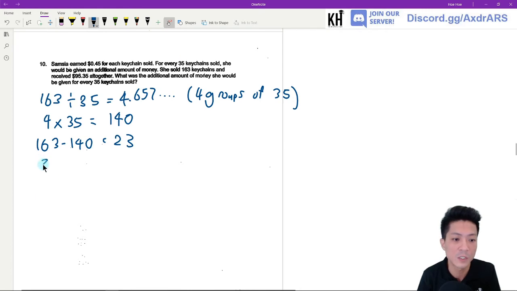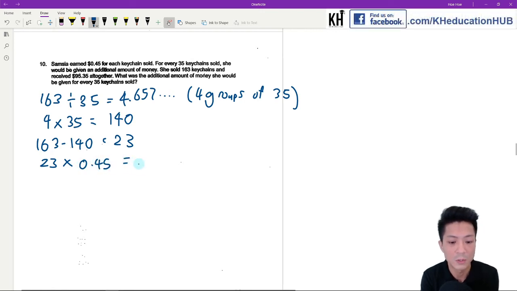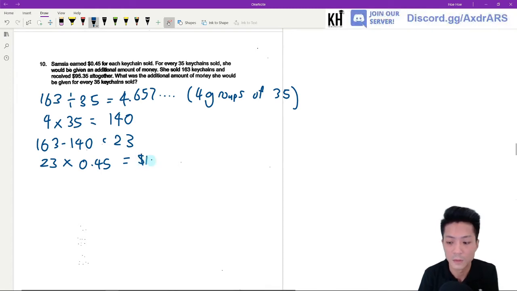So I'm going to find out, for these 23 keychains, how much did she earn? Okay, 23 times 0.45 gives $10.35.